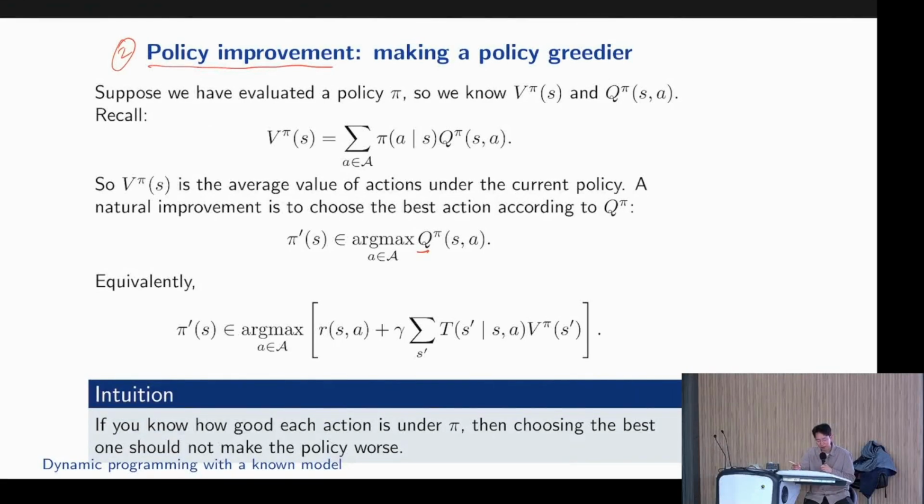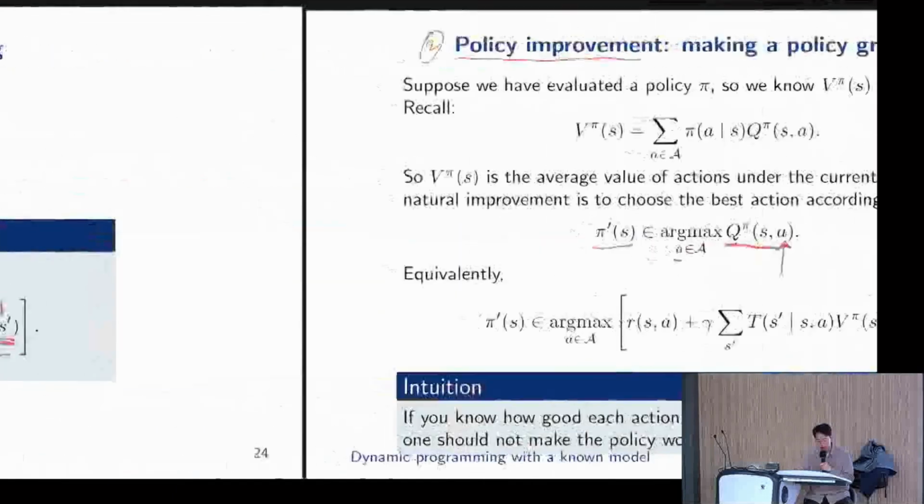How do you improve the policy? Given the filled-in table for the Q state-action values, for each state, take the action that maximizes Q pi of S. You insert all the actions here. Your policy is now a deterministic policy where you act greedily according to your currently converged Q pi.